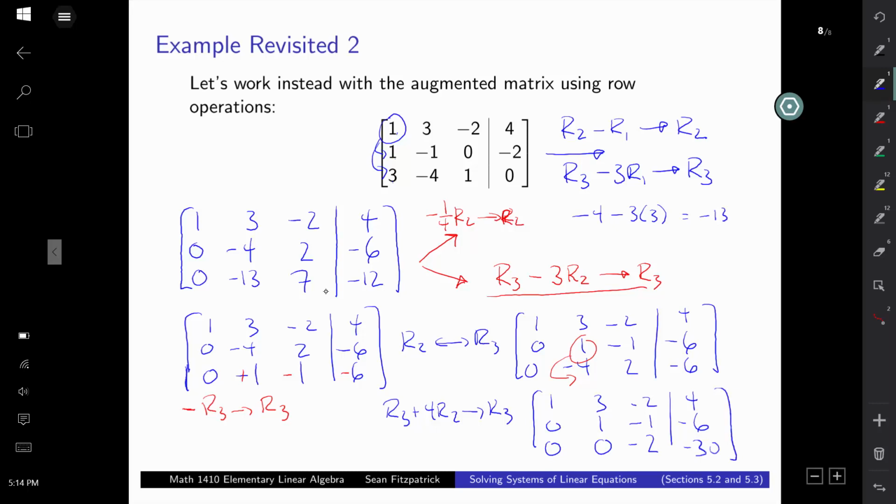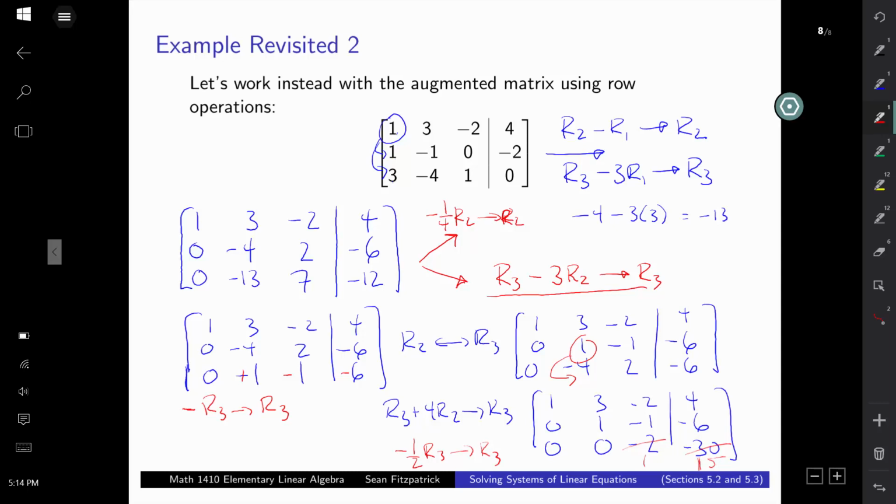Okay, so you get it down to there, and the last thing I might do, let's sneak this in, I might do minus 1 over 2 row 3 becomes the new row 3, and then this minus 2 becomes a 1, that minus 30 becomes a 15. Okay. Now, how does this help you? Well, that last row, what does that last row say?